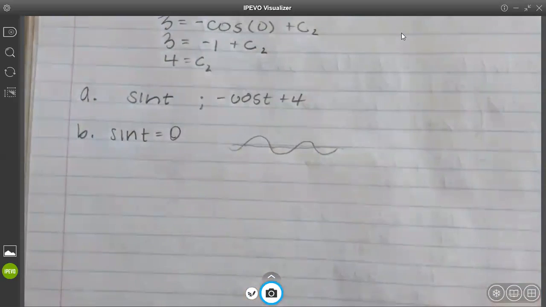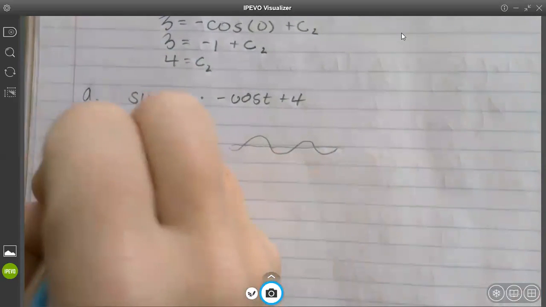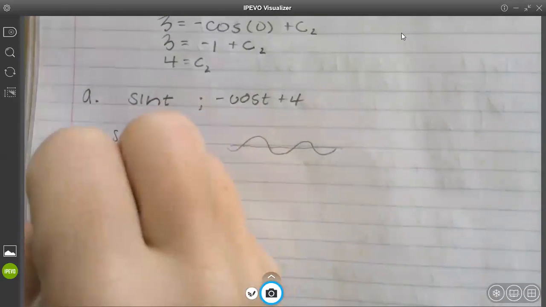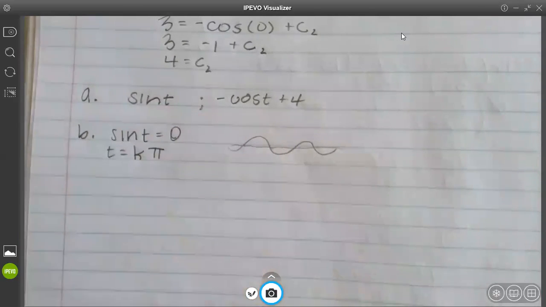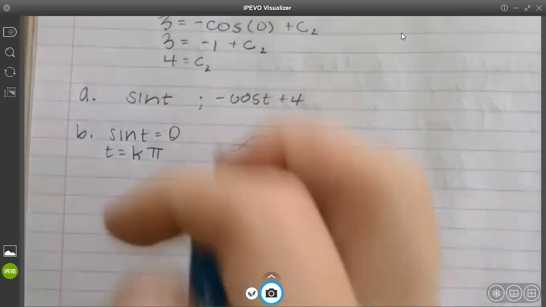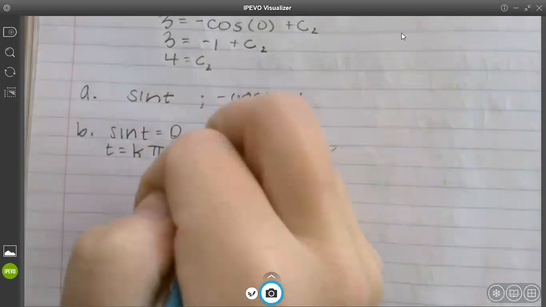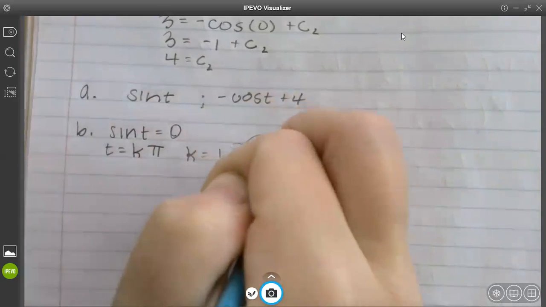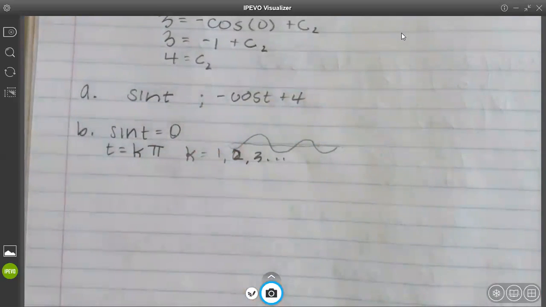Those places where it equals 0 are at every pi value, 1 pi, 2 pi, 3 pi, 4 pi. Does everybody understand that? So in general, it would just be k pi, whatever your k is. They'll define it like this: k equals 0, 1, 2, 3, and so on. That's what you'll see on your answer keys if you're looking them up. And that's why. Okay. Right, good? Any questions?